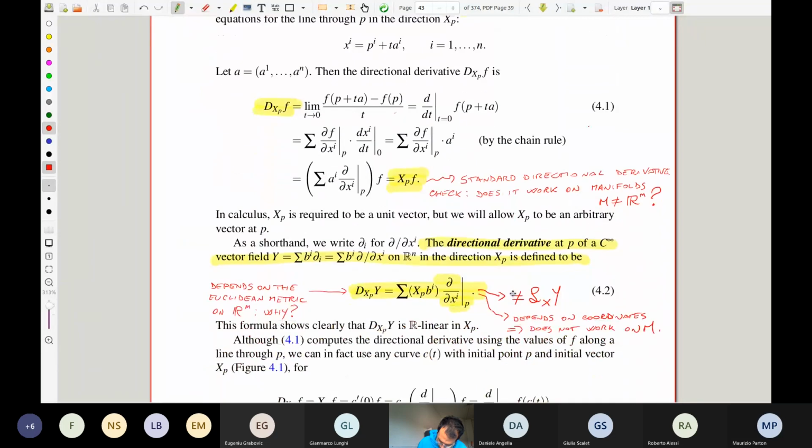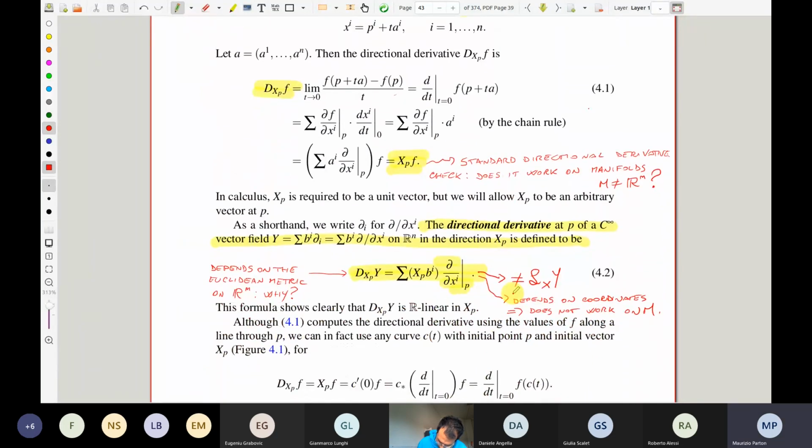But remember that we want to take the derivative of the normal direction, so we want to take the derivative of a vector field. What is the derivative of a vector field in a certain direction in Rn? That means an arrow at every point of Rn.